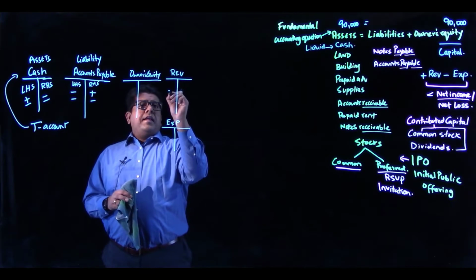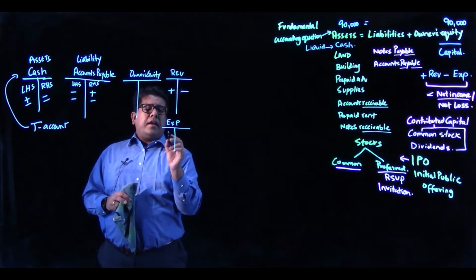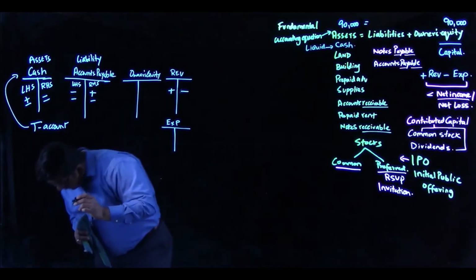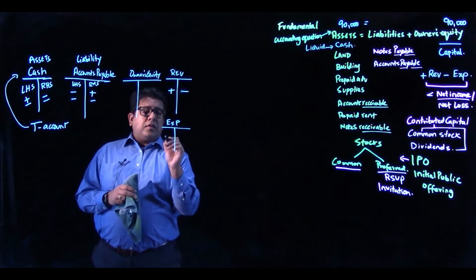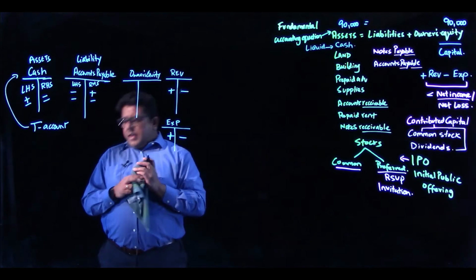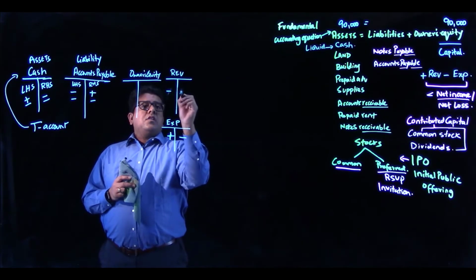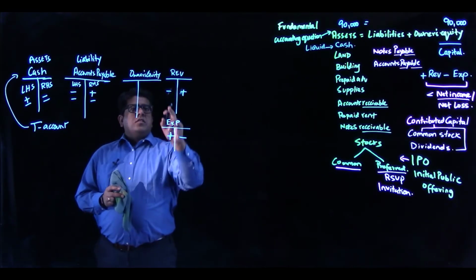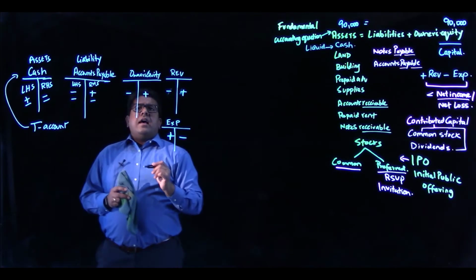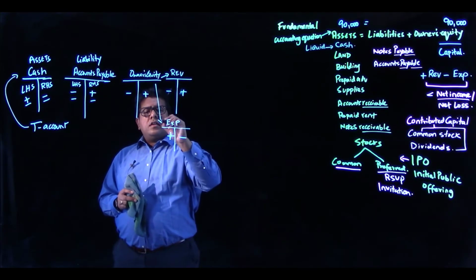Expenses go up on the left-hand side and go down on the right-hand side. And revenue goes down on the left-hand side and goes up on the right-hand side. I was correct initially. So owner's equity is negative and positive, and that owner's equity has two portions: one is revenue, the other one is expenses.